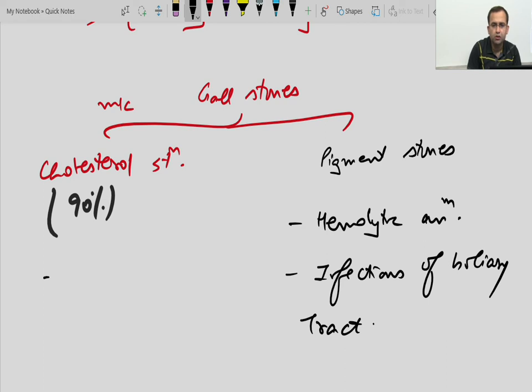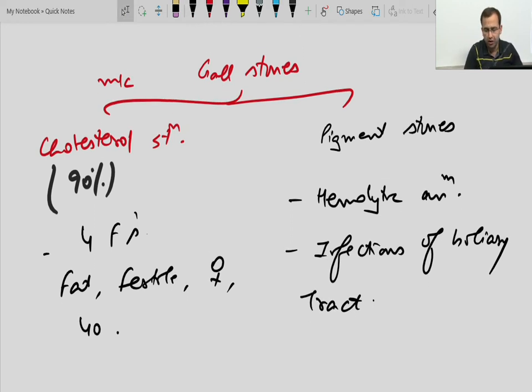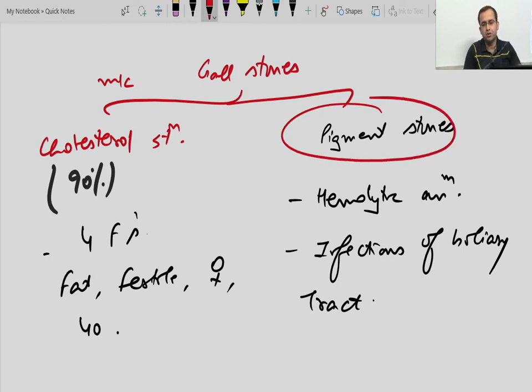Whereas cholesterol gallstones are associated with 4 F's, that is fat, fertile, female, 40. This you very well know. So sickle cell anemia is associated with pigment stones. Done. This takes care of question 23. Done. Thank you.